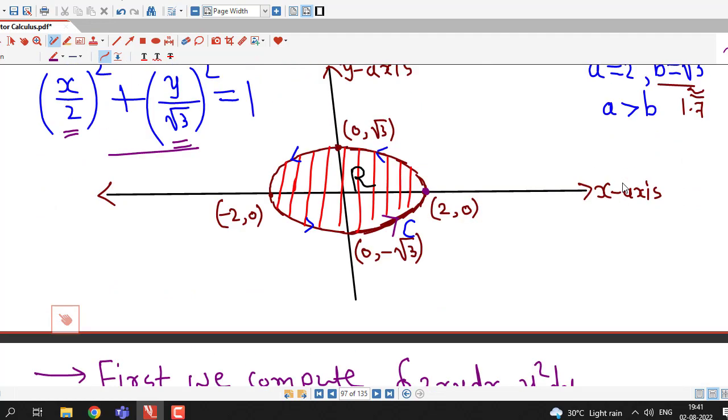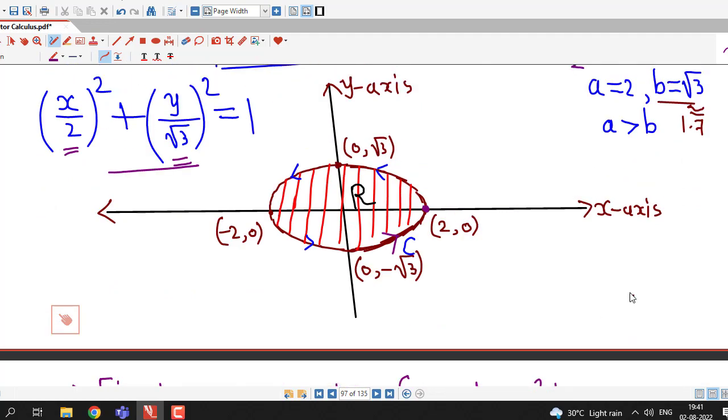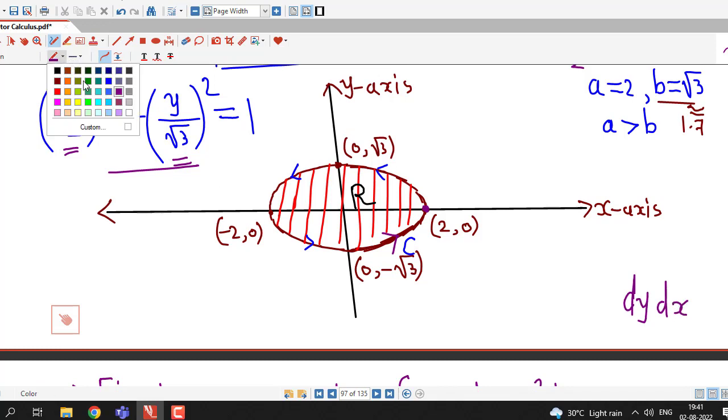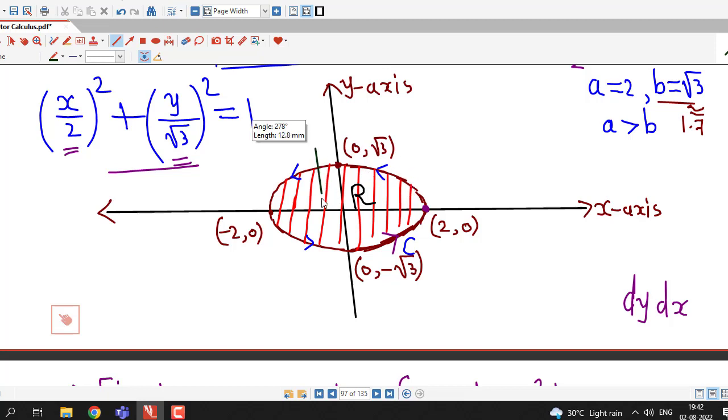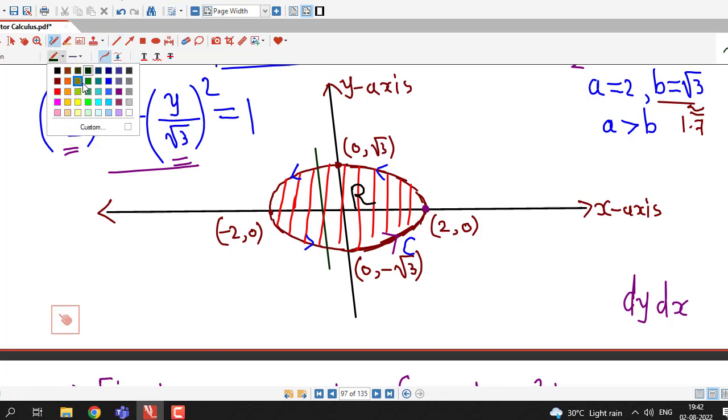And suppose we decide to integrate with respect to y first and then with respect to x, then we will sketch a vertical line passing through the region to decide the limits of integration. So suppose I sketch this vertical line in this part. We can sketch vertical line in any part of the region.